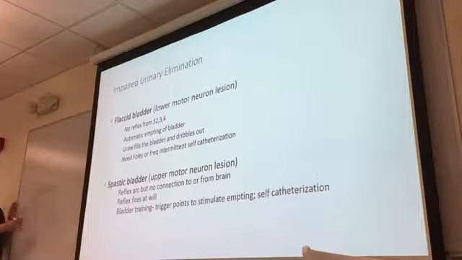What happens is urine goes in the bladder. It stretches, and the bladder is waiting for the brain to tell it to release the internal and external sphincter. But there's a disconnect, it can't.